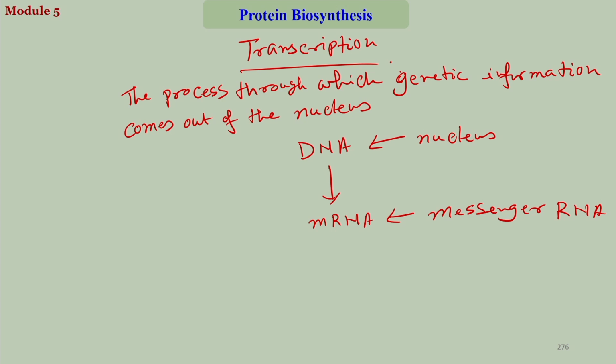So, DNA synthesizes one specific kind of RNA that contains all the information that the original DNA has, and this RNA comes out of the nucleus.